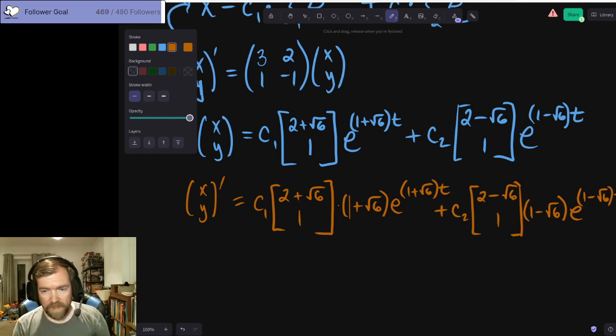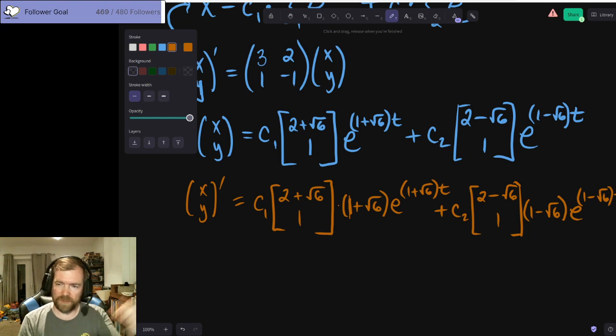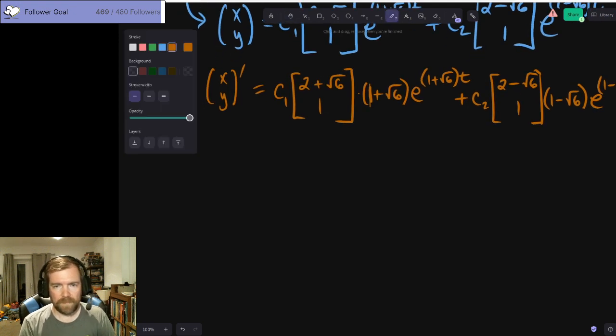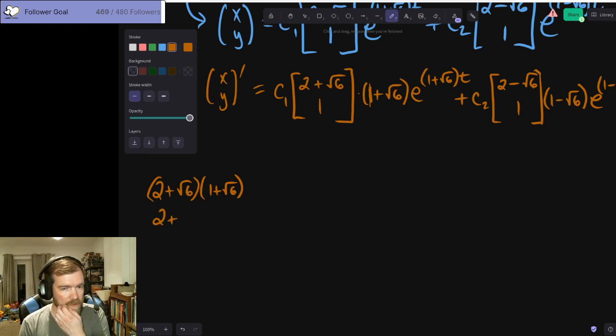Okay, so what are 1 plus root 6 and 1 minus root 6 multiplied by, respectively, 2 plus root 6 and 2 minus root 6? Not terribly difficult. 2 plus root 6 multiplied by 1 plus root 6, all positive values. So we get 2 plus 2 root 6 plus root 6 plus 6 when our roots come together.